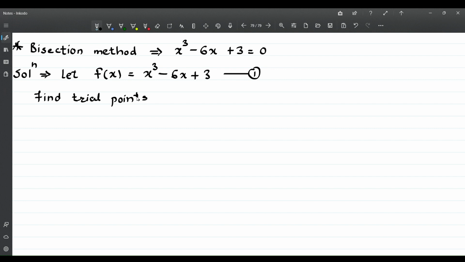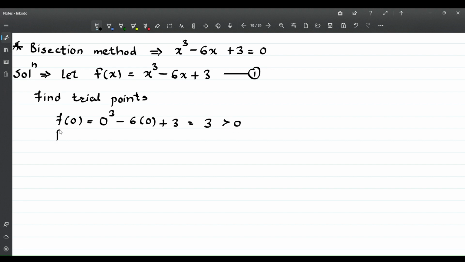It will start from 0, that is f of 0. So put x is equal to 0 in equation 1. Then we have 0 cube minus 6 into 0 plus 3, so 0 minus 0 is 0. The answer is 3, which is greater than 0.